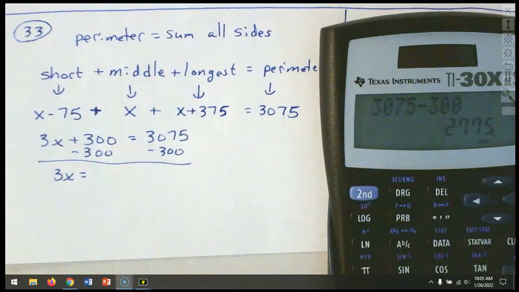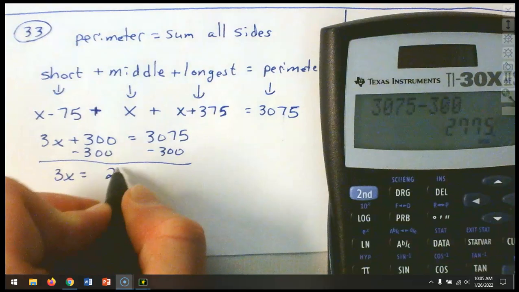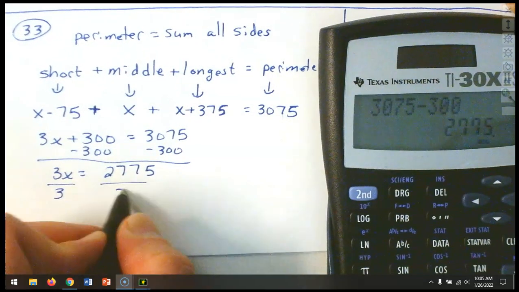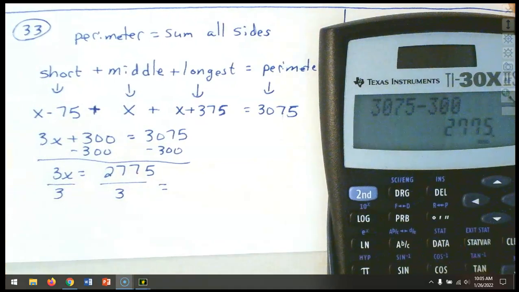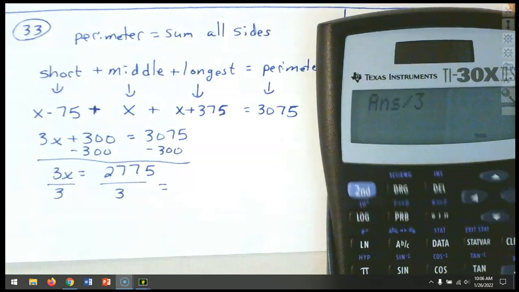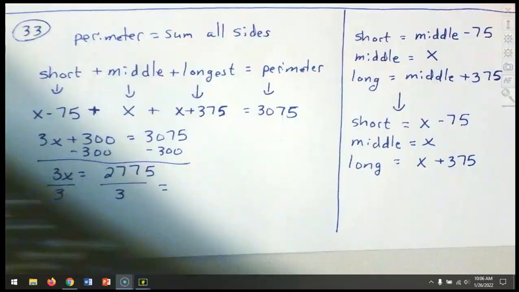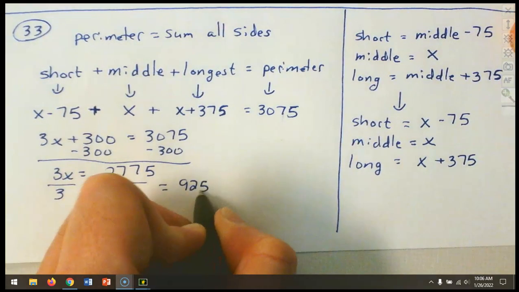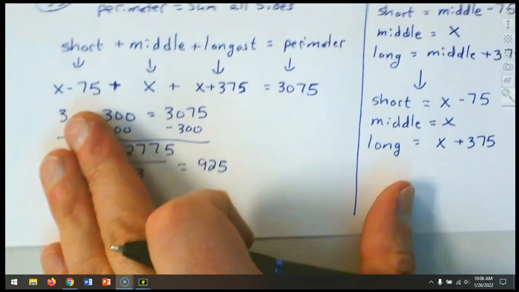And that leaves me with 2775. And we'll divide by 3. And that leaves me now with 925. That's a lot easier when you put it like that. Yeah, if you write out in words, it makes it a lot easier.